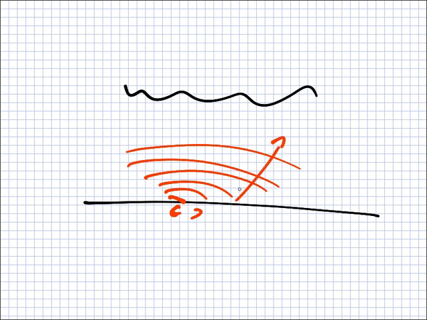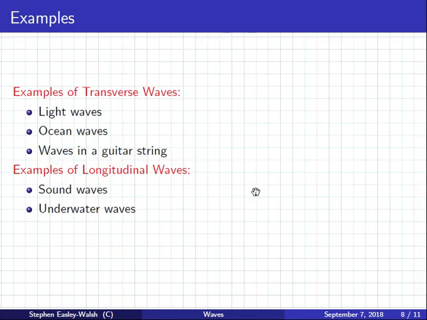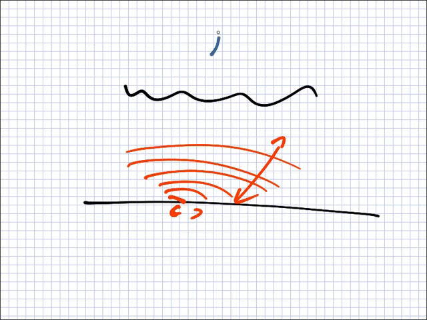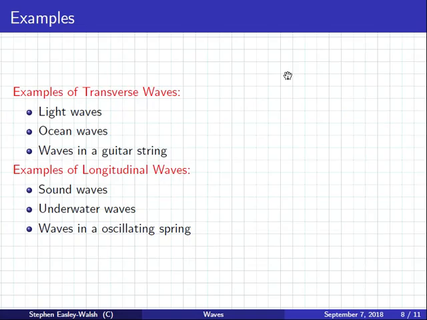It makes longitudinal waves. And the last one is a spring. If you had a spring moving back and forth like this. Now in the exam they sometimes ask you for 3 examples. So there you go, there are 3 examples of each.